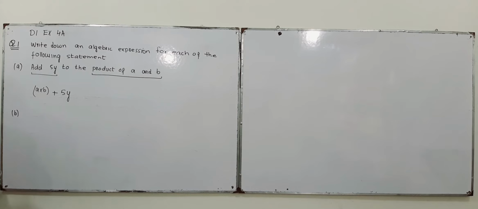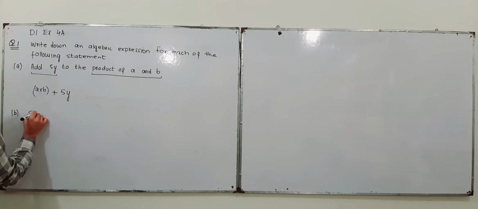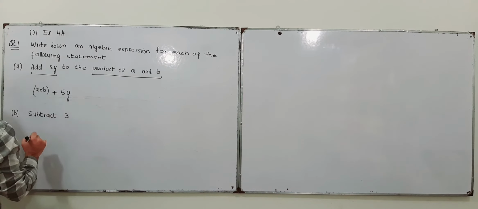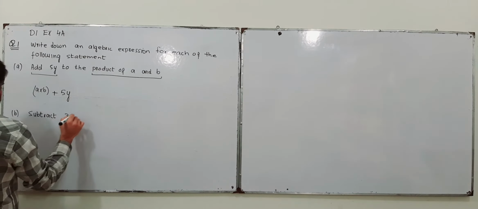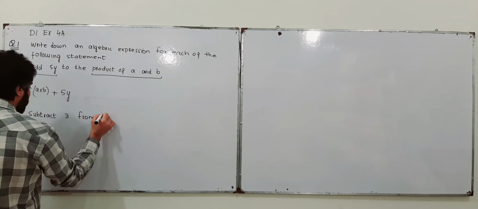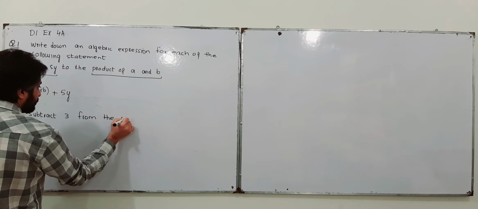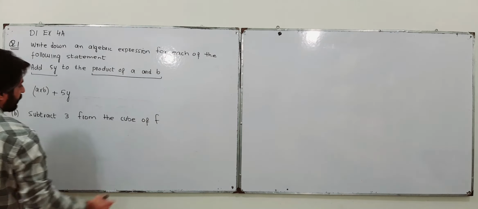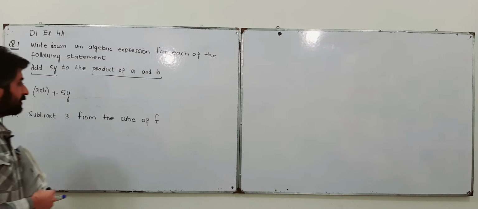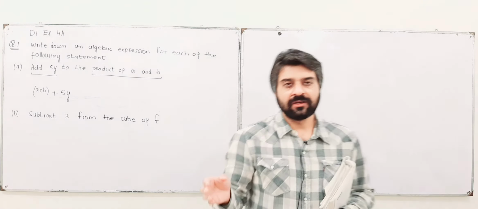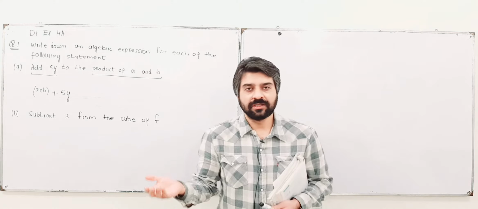Part number B, subtract 3 from the cube of f. In this case we have to subtract 3 from what?